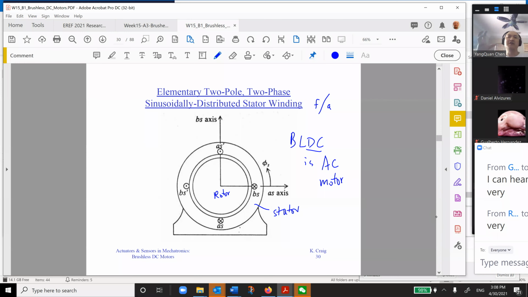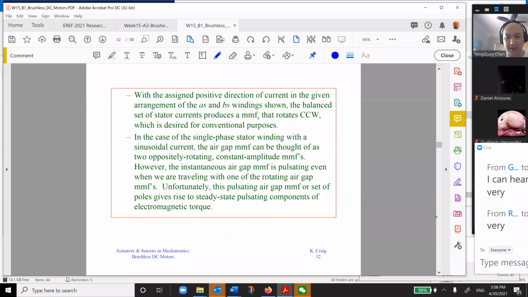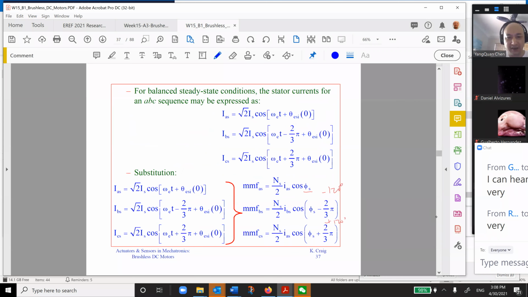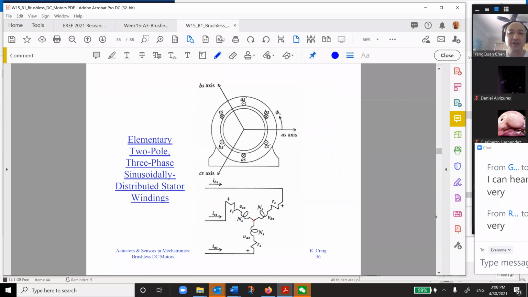Actually, sometimes the rotor can be outside. I'll remember to mention that to you later. That's why you need 3 phases in this case. The phases are 120 degrees apart, and with that they will have this alternating rotating magnetic field.